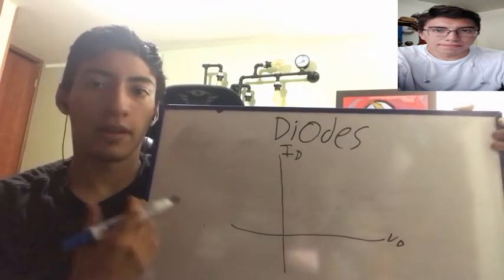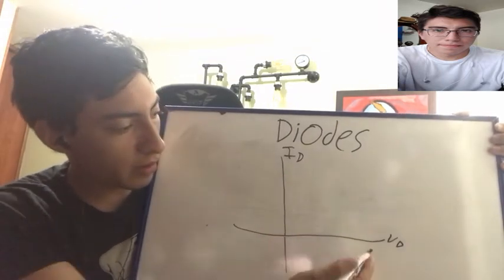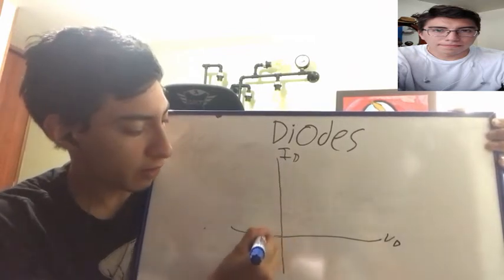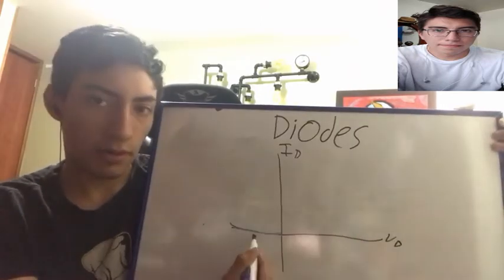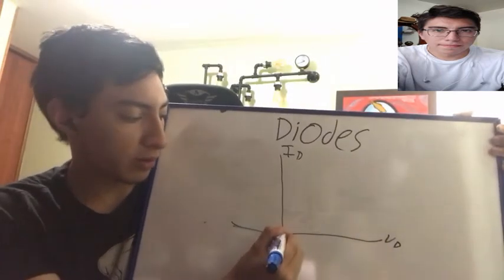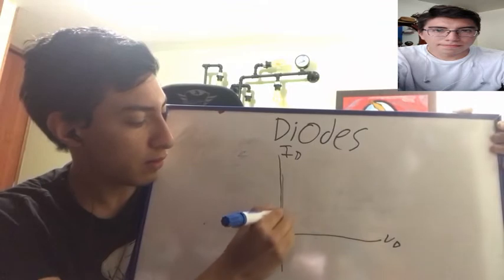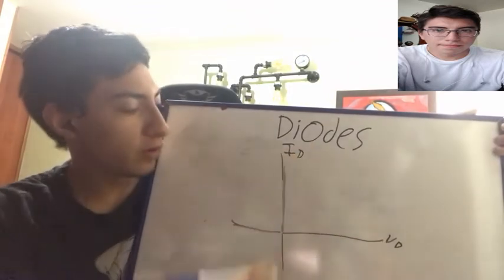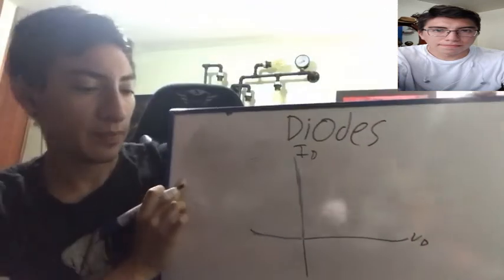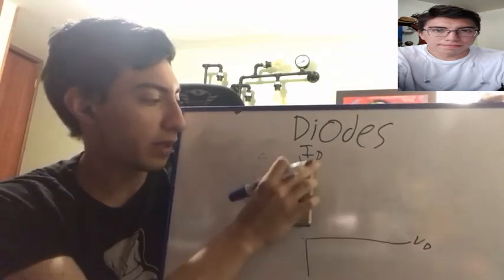Ideally, the diode will relate its voltage and its current in the following way: having zero current conducting when the voltage supply is negative so it doesn't conduct, and when the voltage supply is positive, it will conduct, and it would let the current flow all the way up. This would be the ideal behavior of a diode.